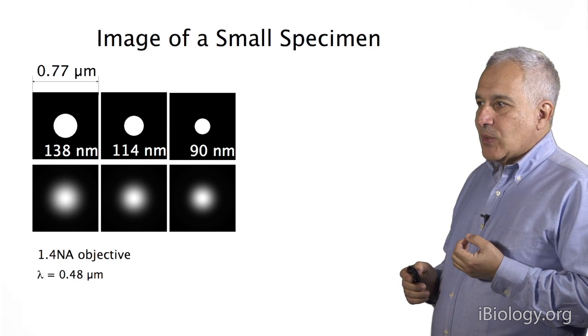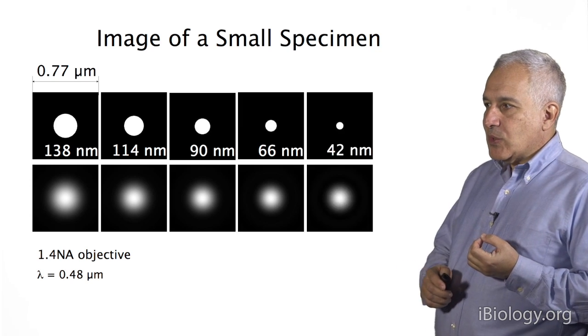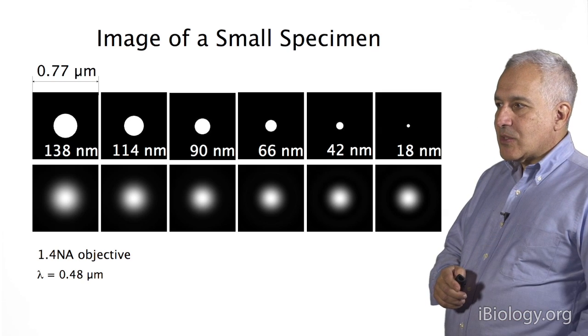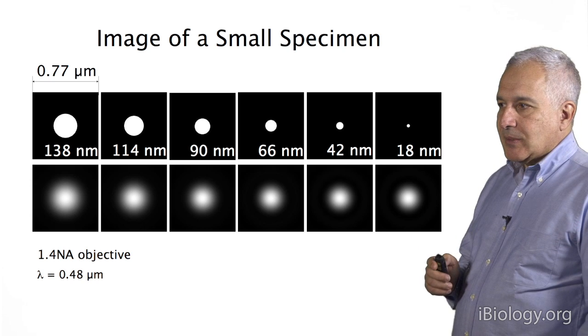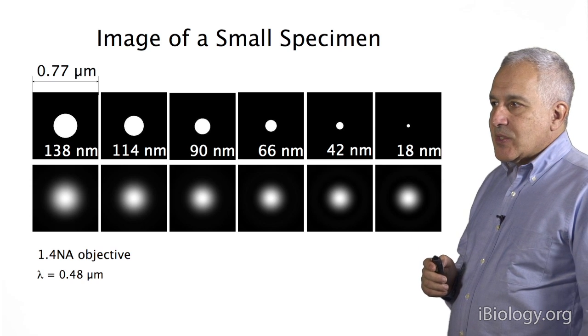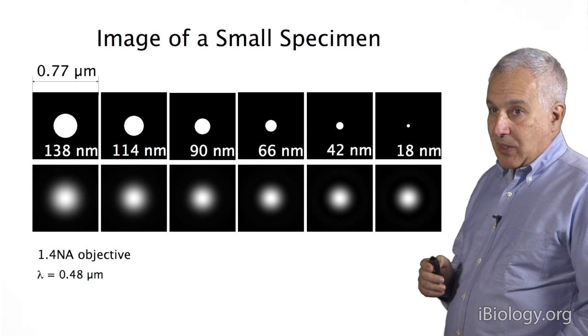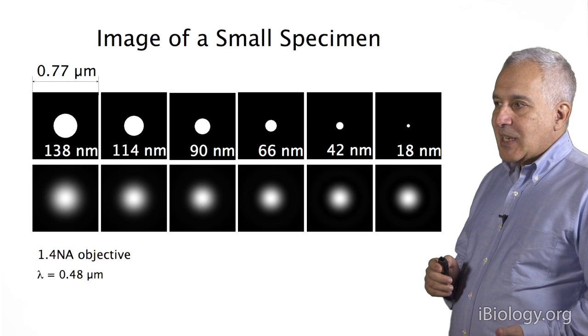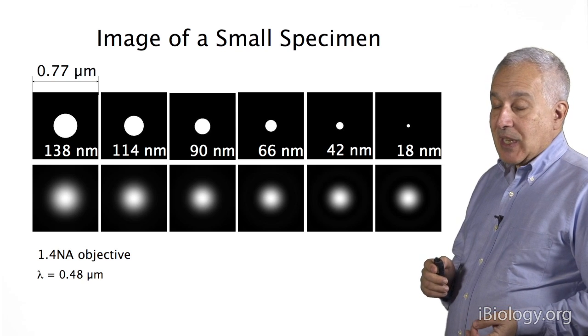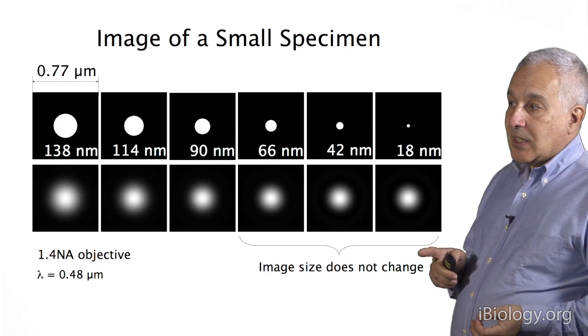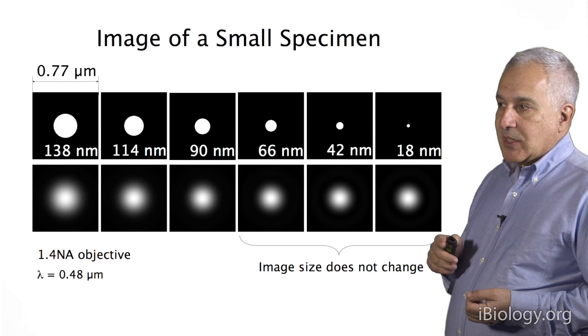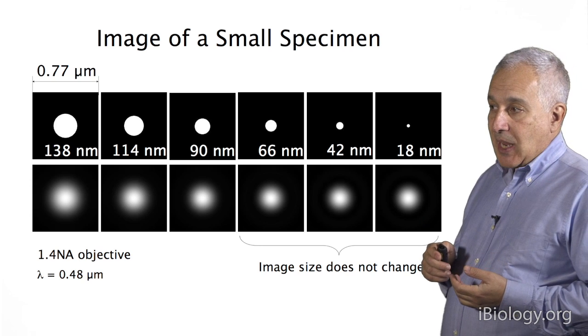And then you see as we go to 66, 42, and finally 18 nanometers, those images are all rather similar. So because of the diffraction limit, there is no ability to get any better resolution than 0.61 lambda over NA. So image size does not change at all computationally once one's below about 60 nanometers.